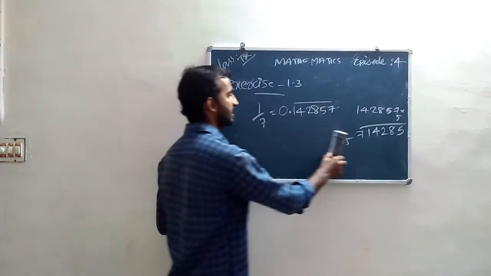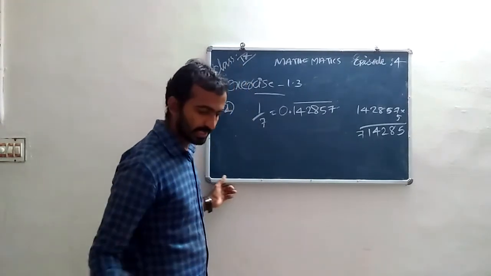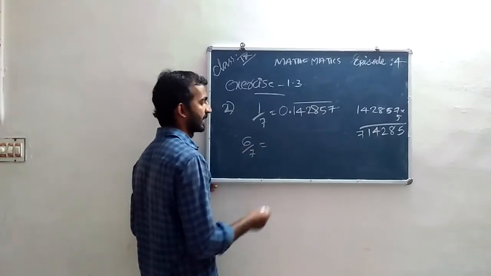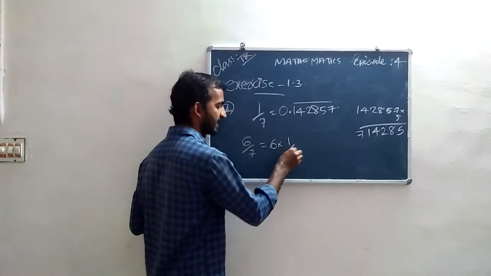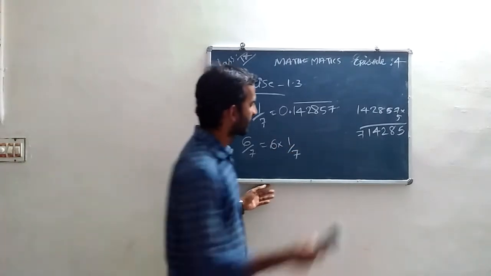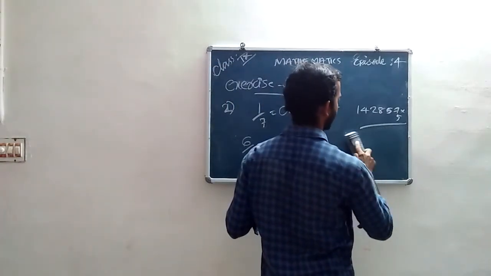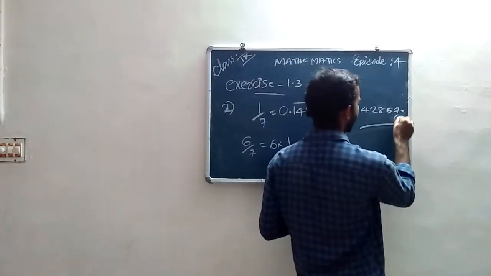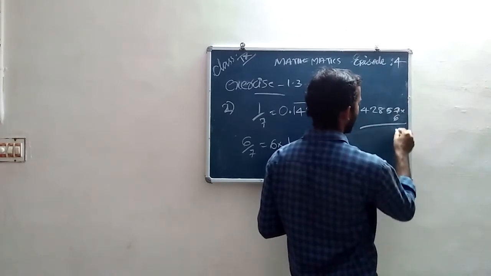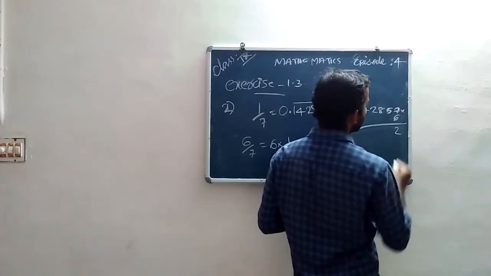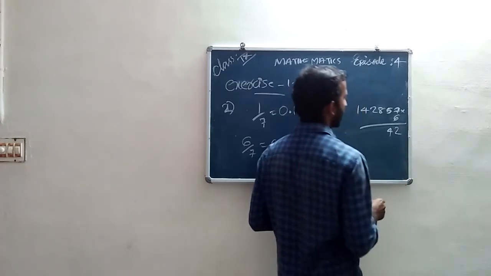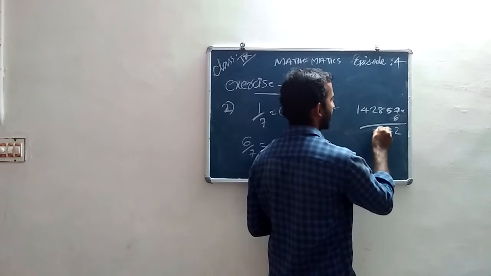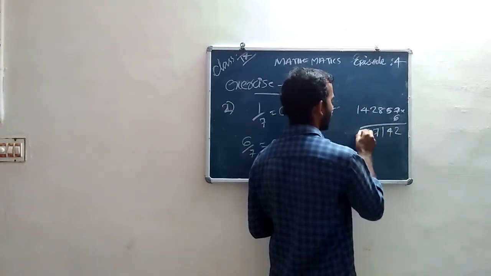Next, at last, is 6 by 7. That is 6 into 1 by 7. We get 6 into 7, 42, 4 carried, 34, 3, 51, 5, 71, 5, 2.